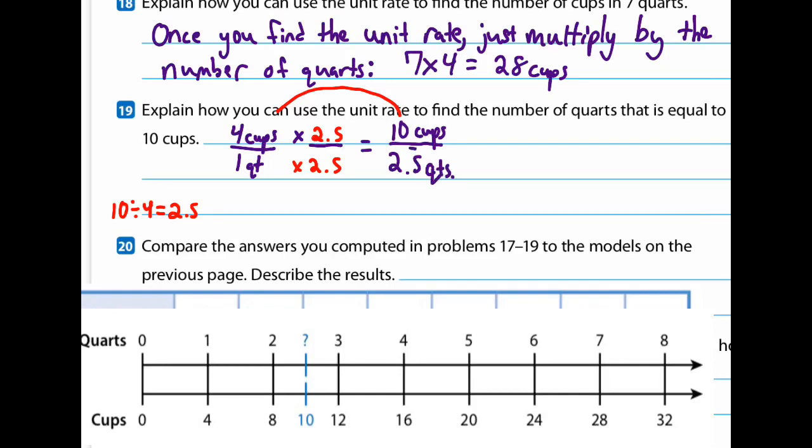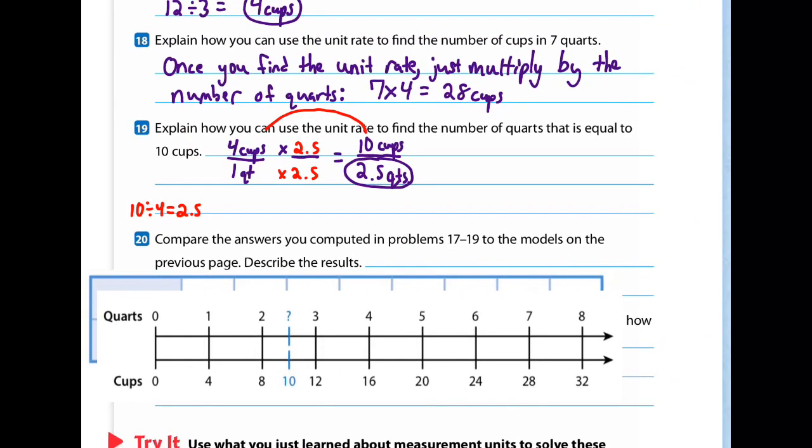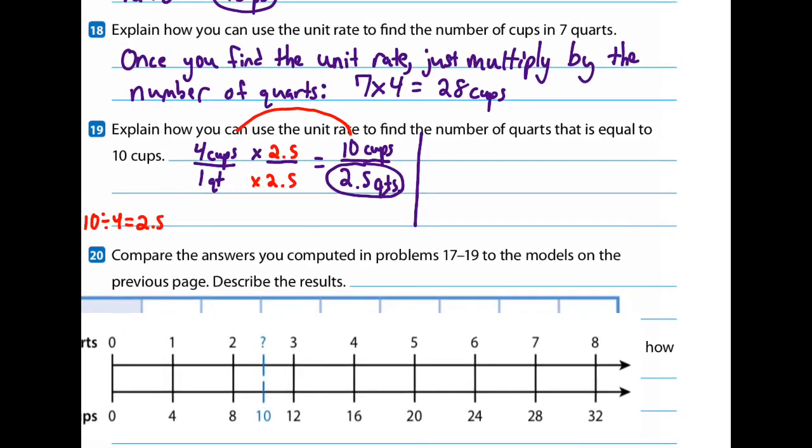Now, that's my answer, but I have to explain that, remember? So if I show my work there, I'm just going to draw a line and explain it on the right side. Hopefully I left myself enough room. So, the unit rate is 4. Explain how you can use a unit rate to find the number of quarts that is equal to 10 cups. All right, so, not if. That's not a good word. Since.